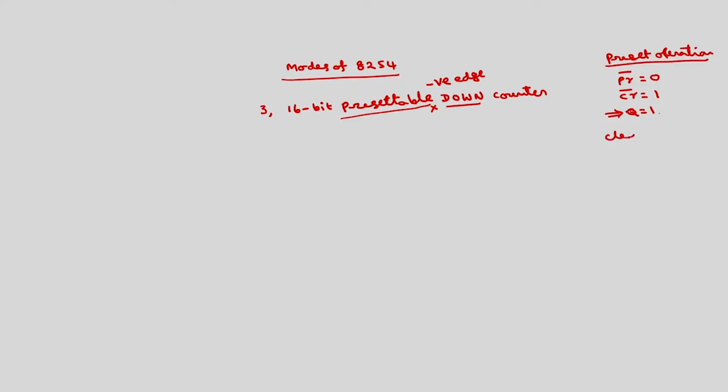For the clear operation, preset bar should be 1 and clear bar should be 0, which implies Q is equal to 0. Q equal to 1 is called preset operation, Q equal to 0 is called clear operation. For normal operation, we will keep both the clear and preset values as 1.